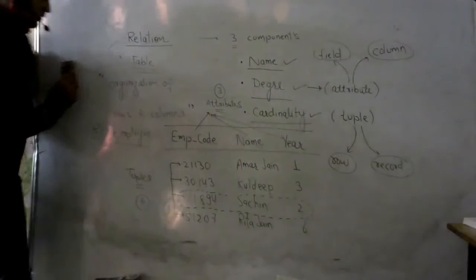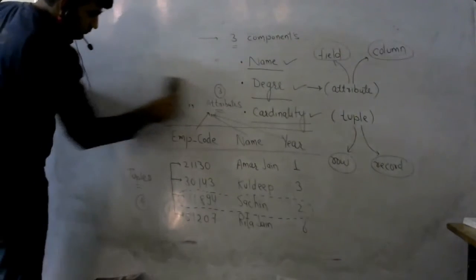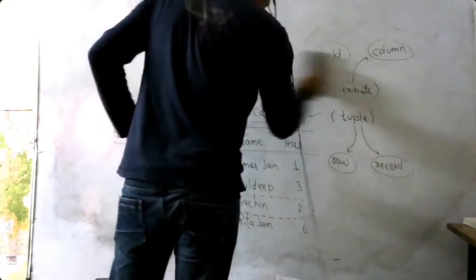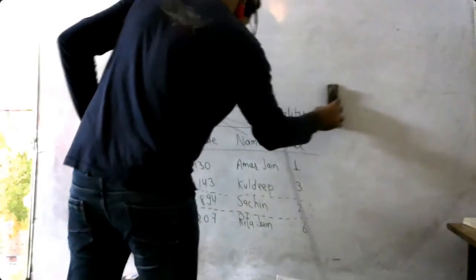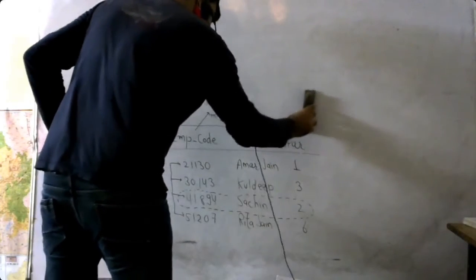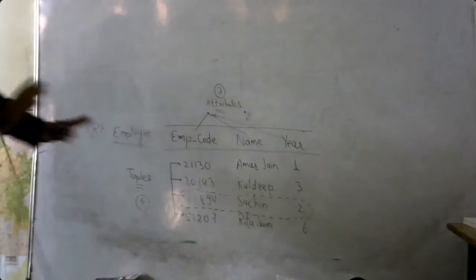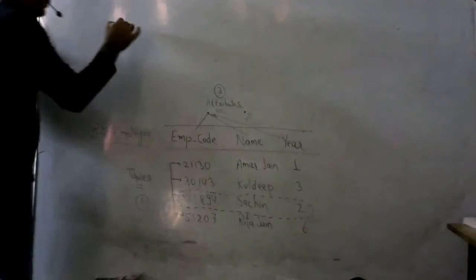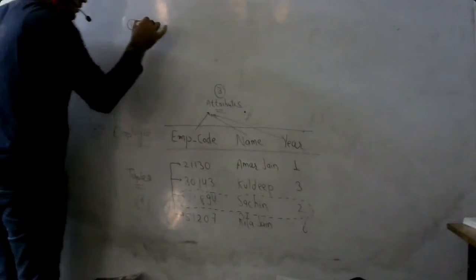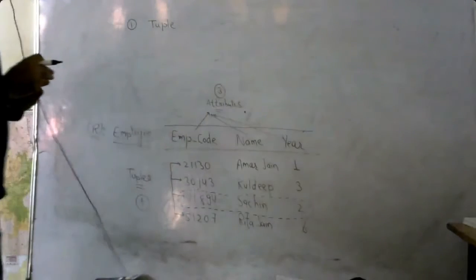Let's erase. This is our relation employee. We are already here with it. Don't want to erase it. Very first definition, that is tuple. What is tuple?